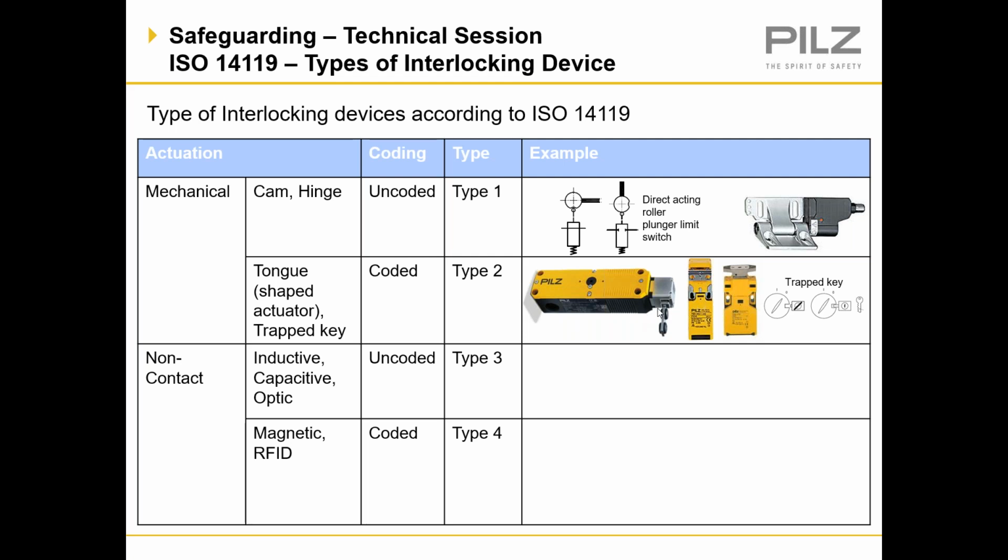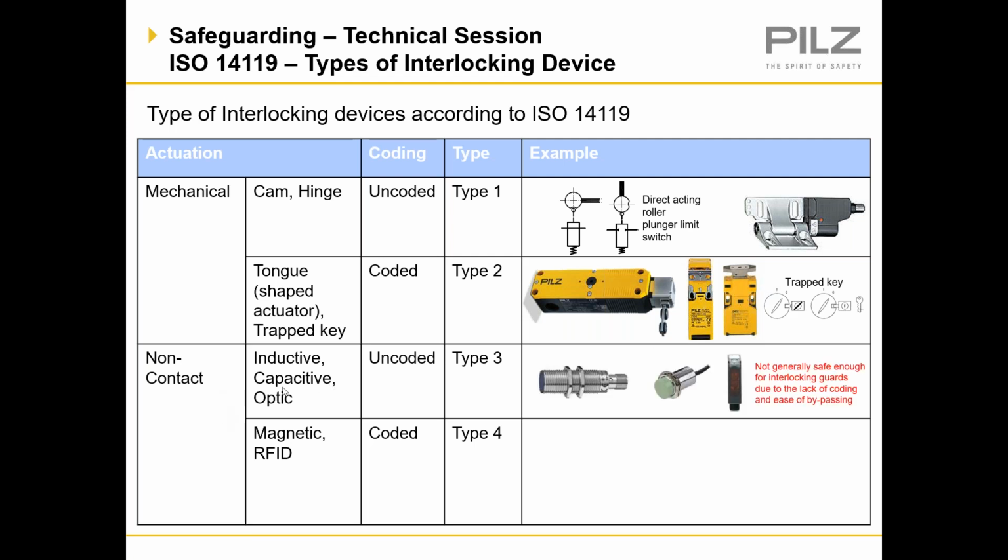And so what we mean by coded with the tongue is that the tongue itself is coded. So it's the shape of the tongue that actuates the switch in the device. And so you can't just use a screwdriver, for instance, and shove that in the end of the switch itself to activate the switch. And for trap key, that's typically done with the key, again, whether that's a linear or a rotary key, but that key code would activate the corresponding part of the trap key system.